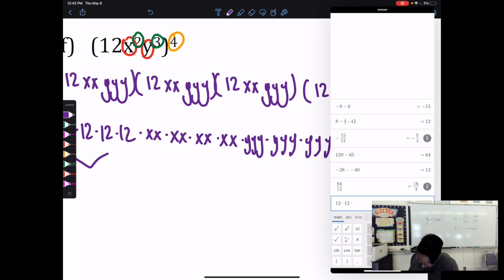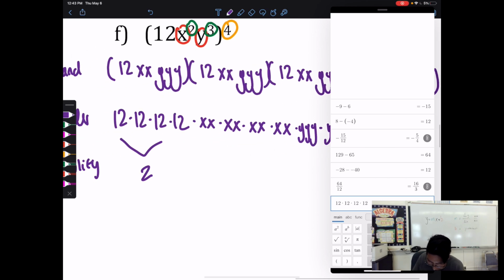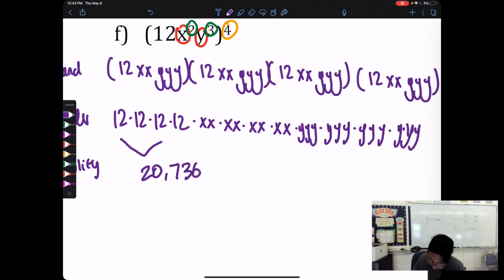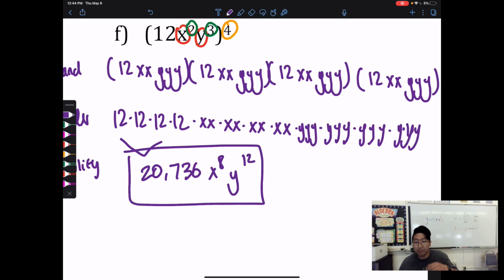Not 22, 12 times 12. Whoa, that's a big number. 20,736. And then we have x to the 8th, counting 1, 2, 3, 4, 5, 6, 7, 8. And y to the 12th, counting 1 through 12. And that is our final answer.